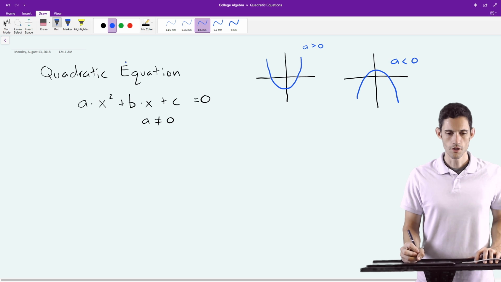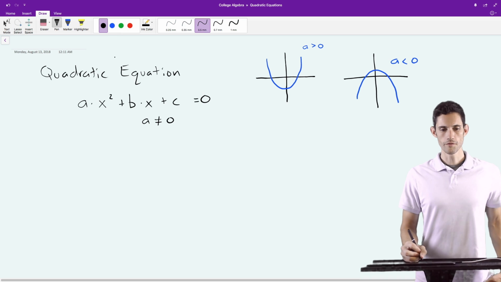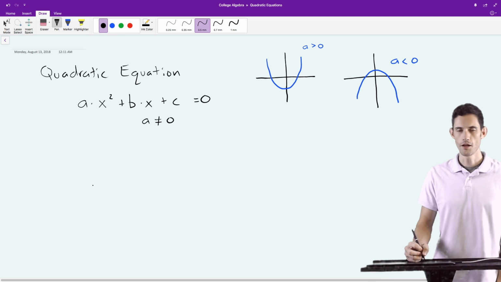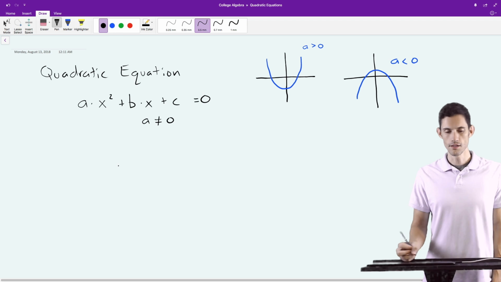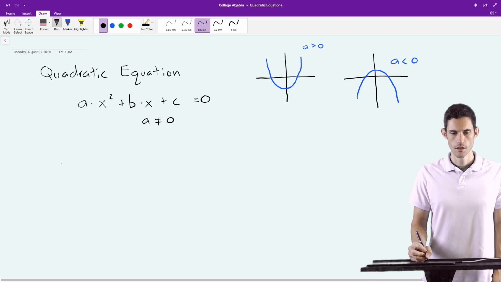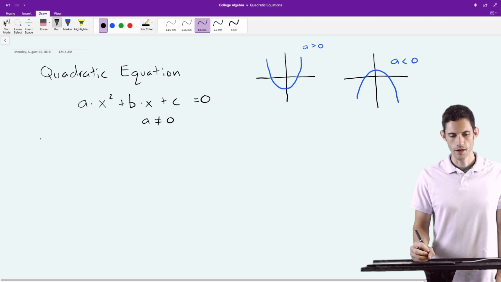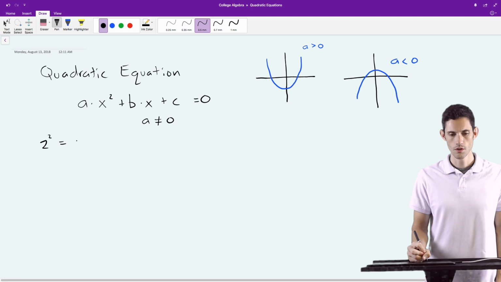So how do you solve a quadratic equation? Let's go over a few algebraic concepts that we're going to need to know over the course of this class. We all know that if I were to write, let's say, 2 squared, that's 2 times 2, and that's 4.